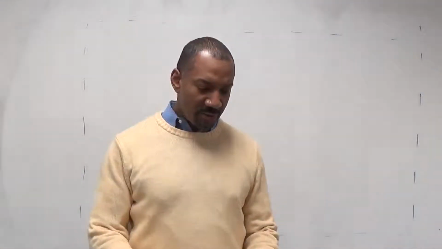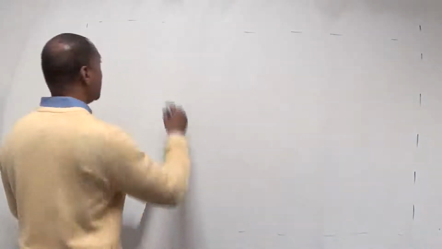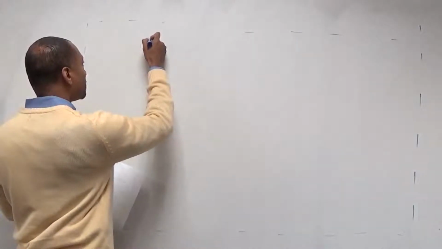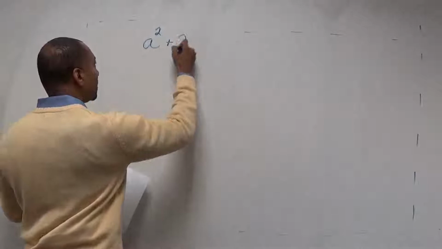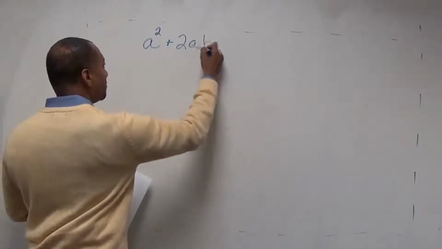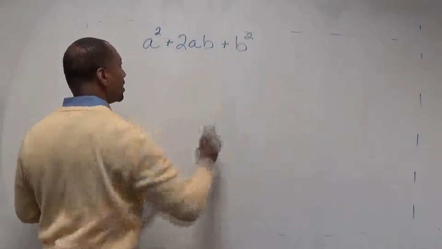Today I'm going to start with showing you how to use factoring to factor a perfect square trinomial. Let's start with the formula for a perfect square trinomial, which is a squared plus 2ab plus b squared.